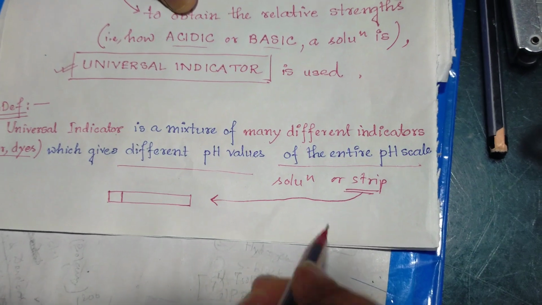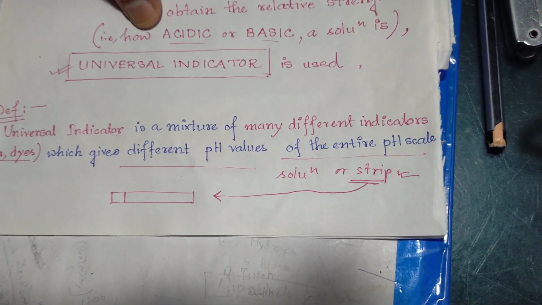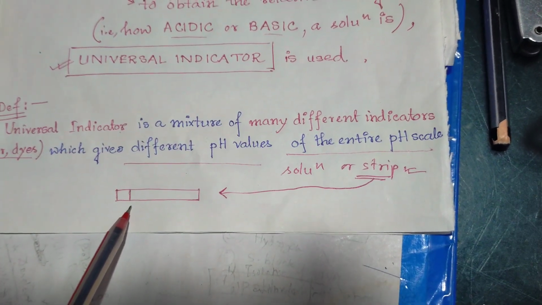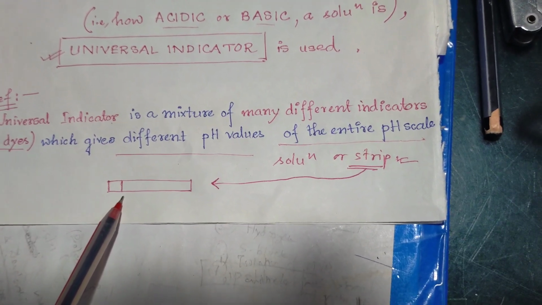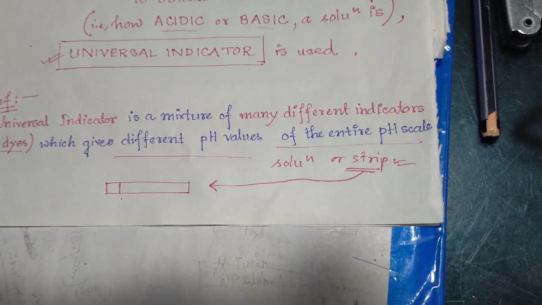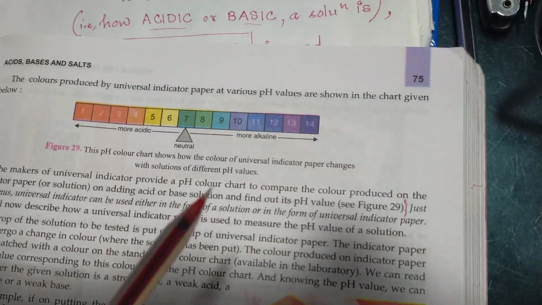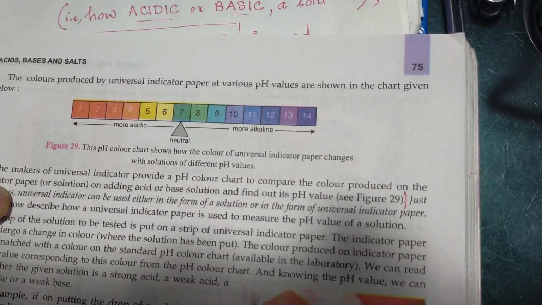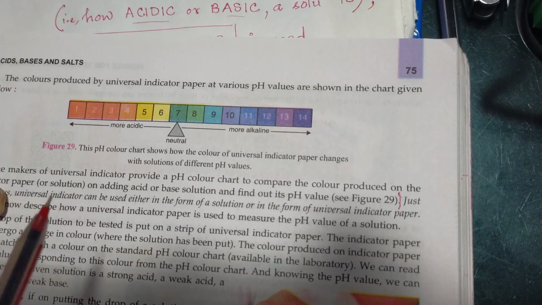Generally this strip of paper is used in school laboratories. When this strip of paper is dipped in an acidic or a basic solution, it changes its color, and the color produced by this universal indicator paper at various pH values is shown in this chart.